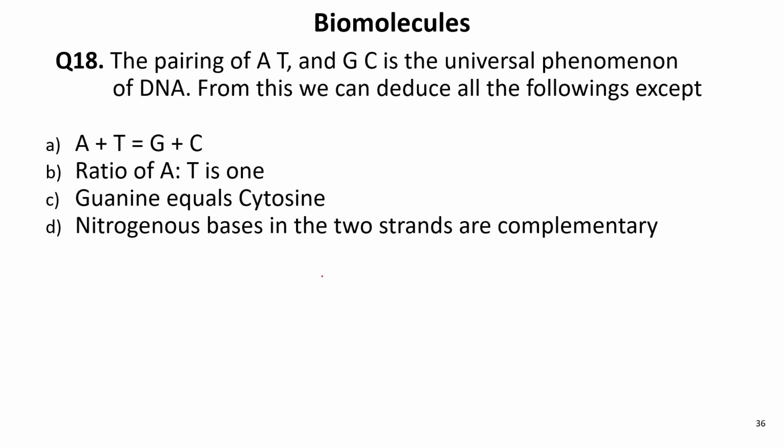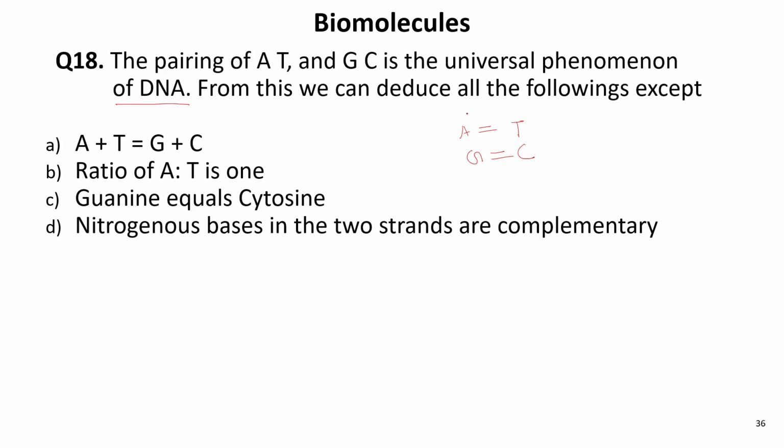Next question. The pairing of adenine thymine and guanine cytosine is the universal phenomenon of the DNA. Everywhere you can see in the structure of DNA that A always pairs with thymine and G always pairs with cytosine, or we can say thymine always pairs with adenine and cytosine always pairs with guanine.